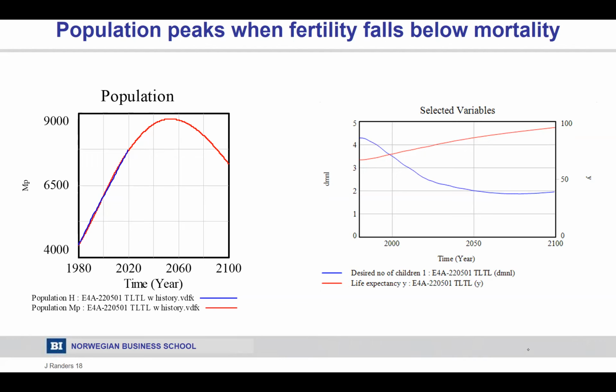Finally, the population starts to decline, and so this is the perspective of the model on the population side, and you see the unbelievable fit to history.